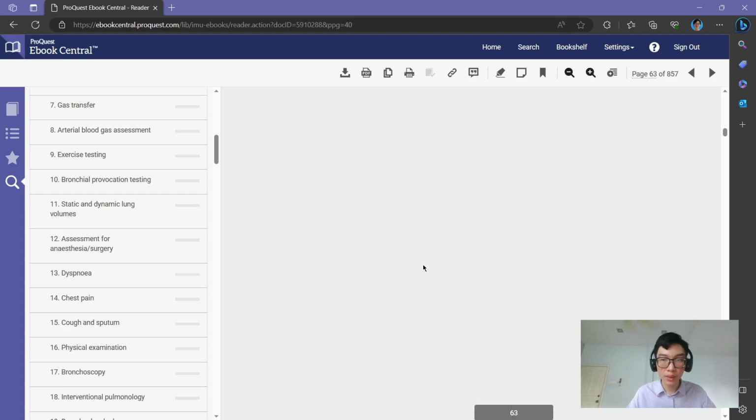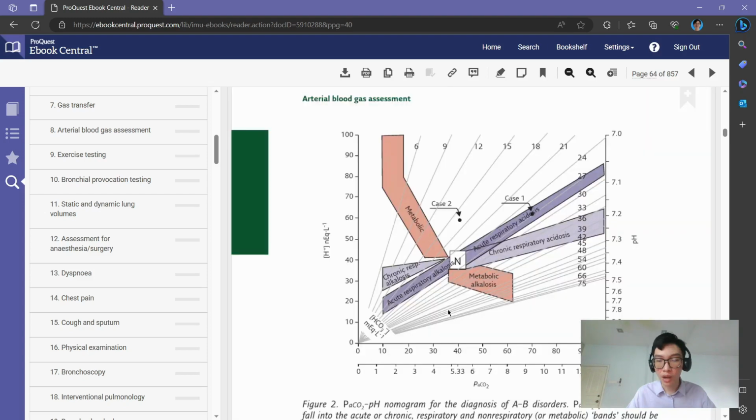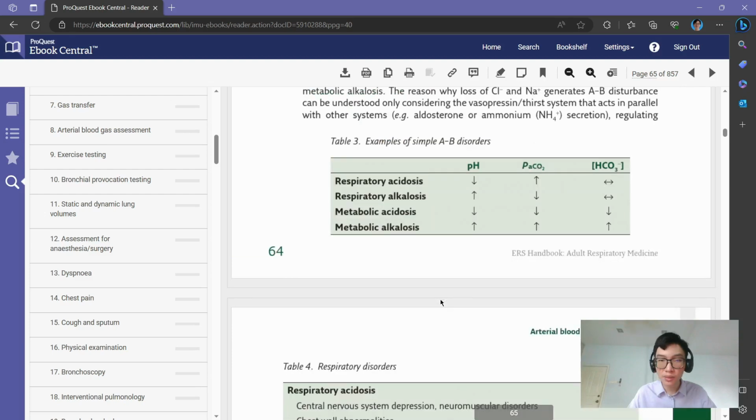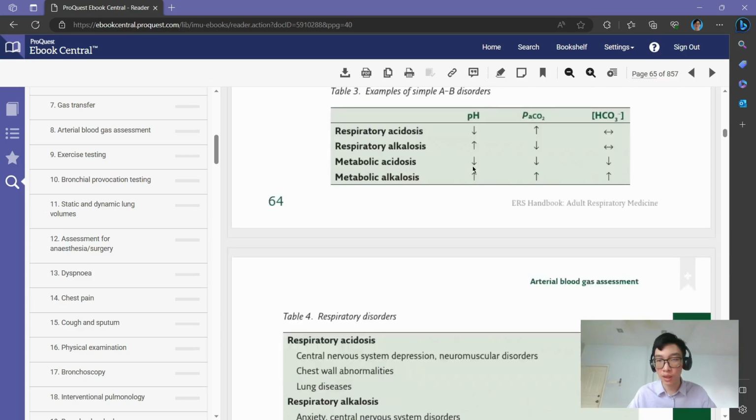We give you the chart. So how do you differentiate when you get a blood gas assessment? How do you know if this is respiratory alkalosis or metabolic alkalosis or other? And here's the explanation for respiratory acidosis, alkalosis, and metabolic acidosis, alkalosis, and the difference.